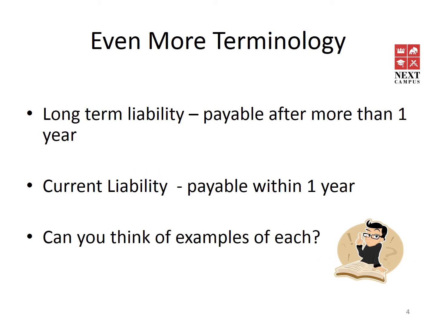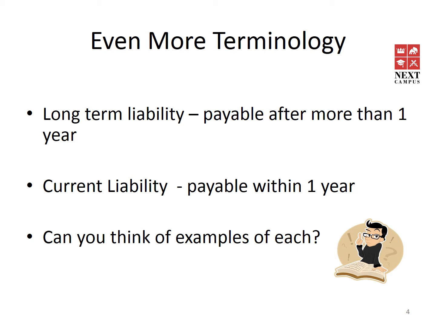Now, from the liability side as well, that means amounts given to the business by external lenders and debt providers. Liabilities also we can divide into long-term and current liabilities. Long-term liabilities means the dues or amounts that should be paid by the business after a period of 1 year.